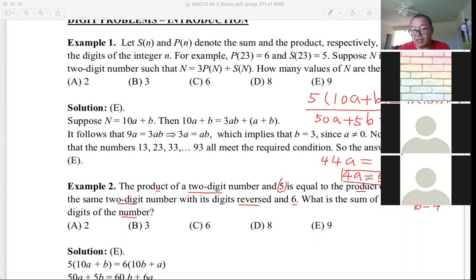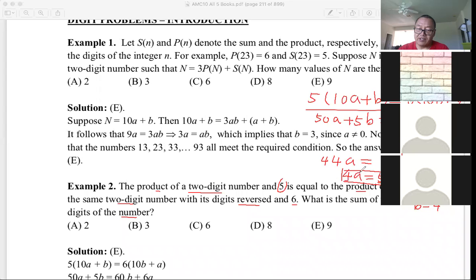Then 4 and 5 are relatively prime, so that's the only choice for this number, right? Do you have other choices? Kevin, can you tell me if this number satisfies 4A equals 5B?